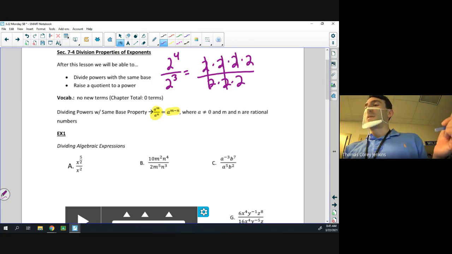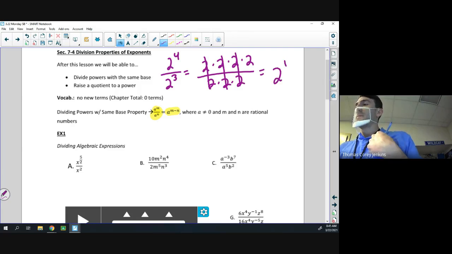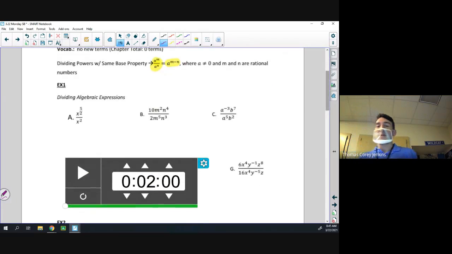So what happens with every 2 over 2? They cancel each other out. They become a 1, right? So the 3 on the bottom cancels out 3 on the top, leaving you with a 1. Anyways, that's why it works. Let's go ahead and get started with some examples.